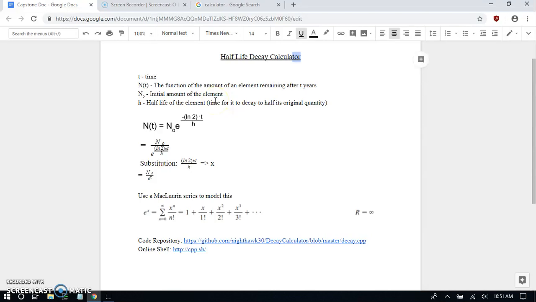So if you have, let's say, 100 grams of uranium, or whatever element, and its half-life is 100 years, then after 100 years, it will be half its original amount. So you'll have 50 grams of uranium. That's basic. And then after another 100 years, you'll have 25.